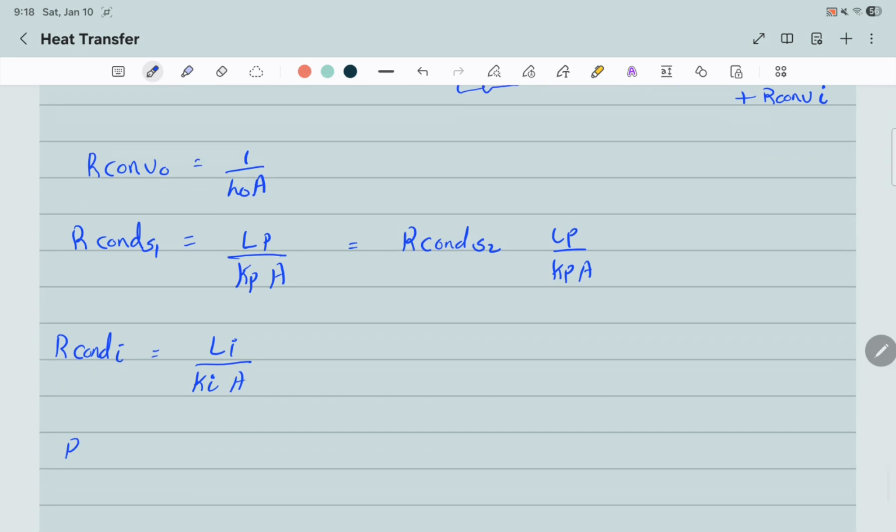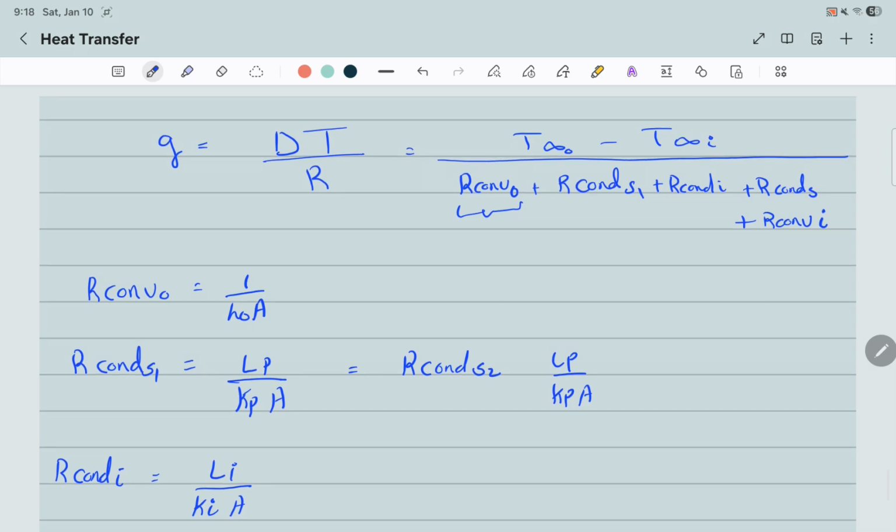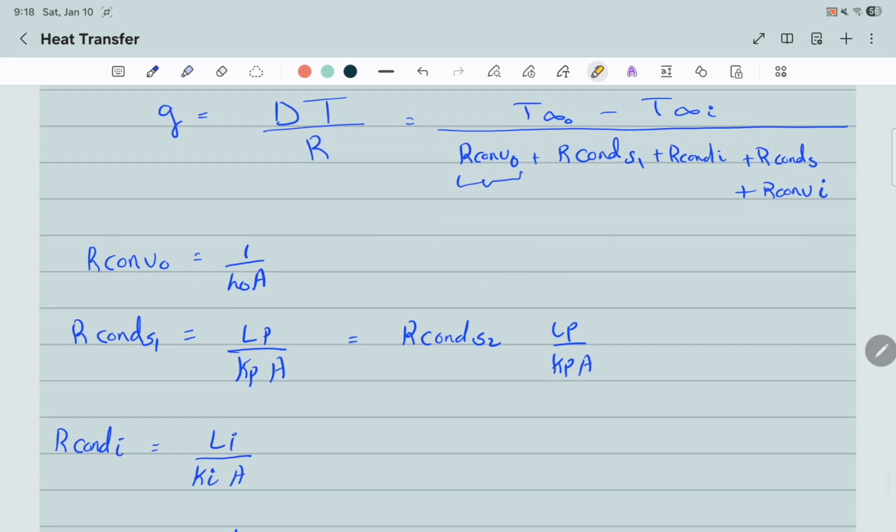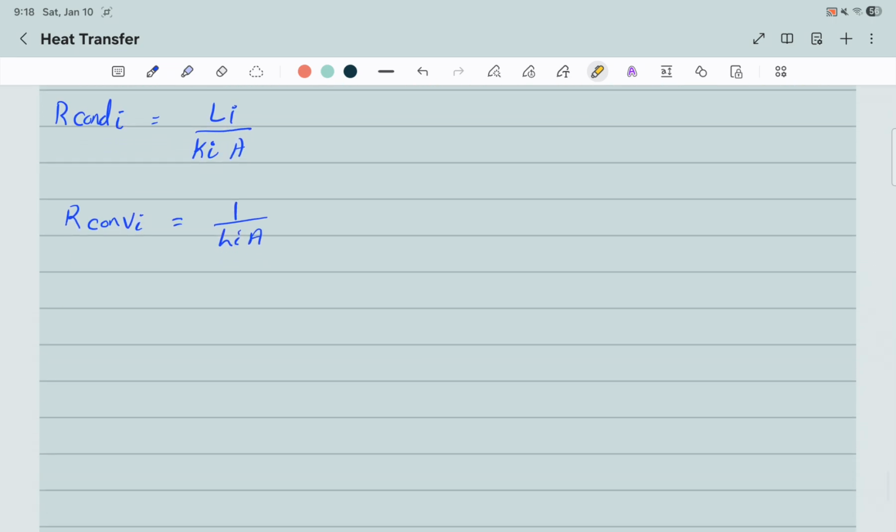And the final resistance is the resistance of the convection on the inner side of the fridge, which equals 1 over h_i A. Now we can substitute these values into our equation, and we can solve for Q. We know that the heat flux equals the heat transfer over area.